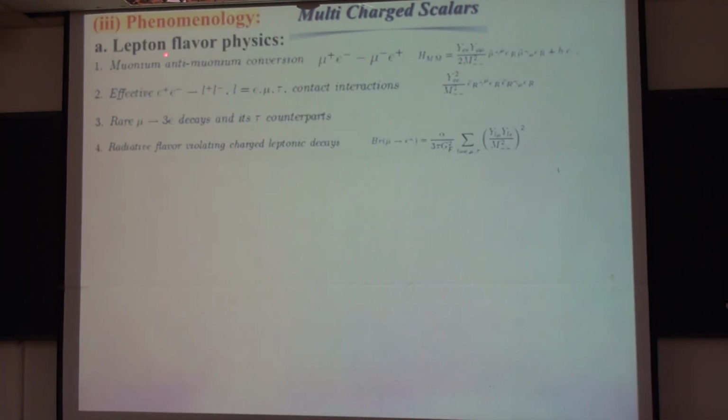First, we have many physics from lepton flavor processes, such as muon to anti-muon conversion, effective ee to ll contact interactions, rare decays such as mu to 3e, and others like tau to 3 mu, 3e, and radiative flavor-violating charged lepton decays, such as mu to gamma, tau to mu gamma, etc. It's all due to the doublet charged scalar.